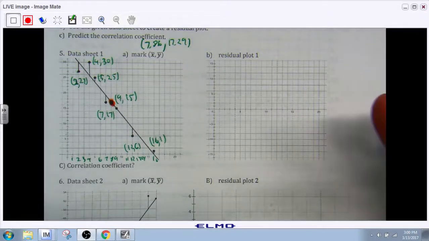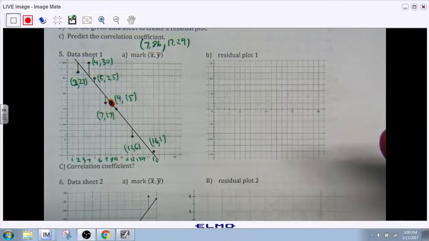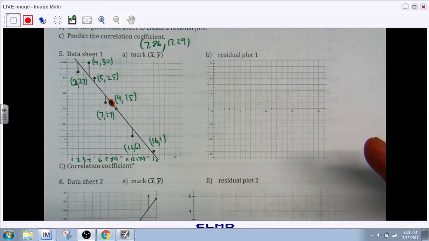Now I'm going to do the residual plot. I'm going to see how far away each of these is. So we're going to use the given data sheet, and we're going to try to figure out how far it is. This is going to be a bit of a challenge because it doesn't fit exactly, but we're going to do the best we can visually.